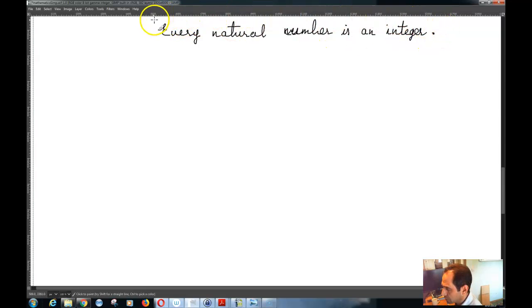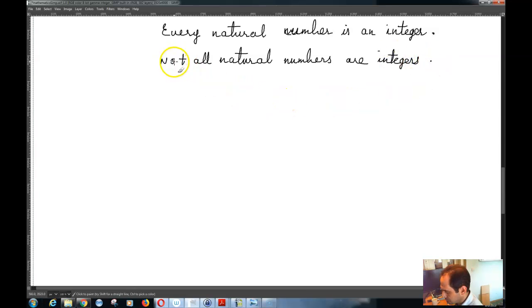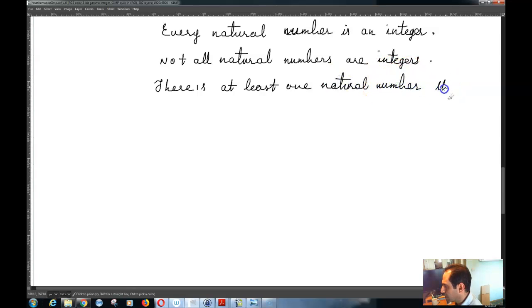Now the negation of this: you could say not all natural numbers are integers, or you could say there is at least one natural number that is not an integer.